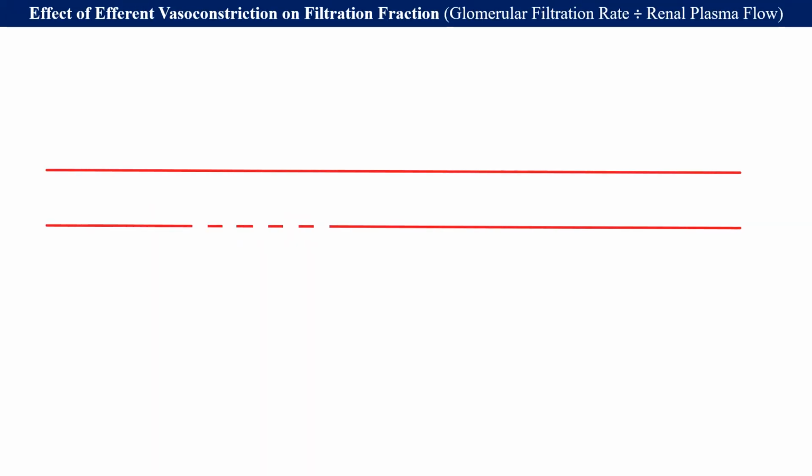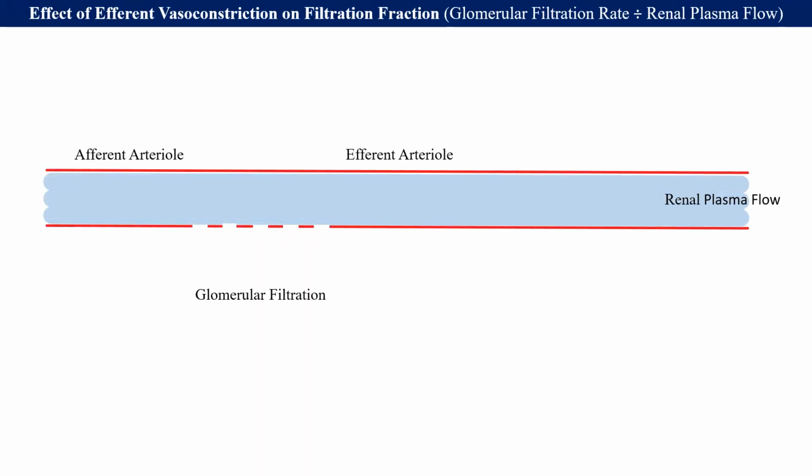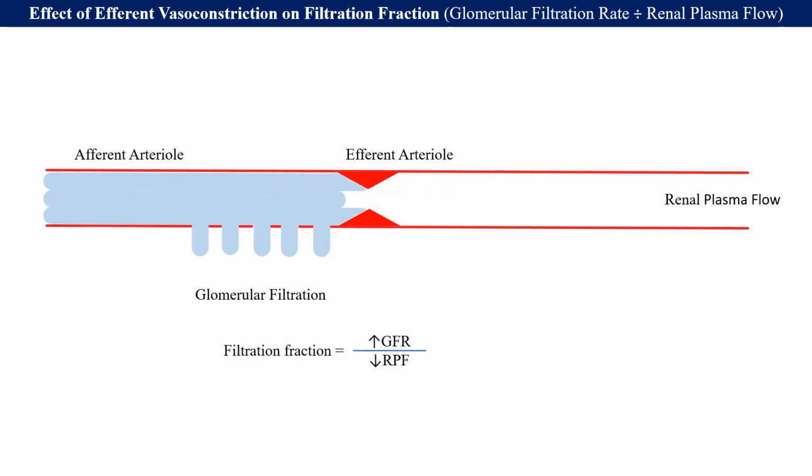What happens to the filtration fraction when there is efferent arteriolar vasoconstriction? Renal plasma flow will decrease, but glomerular filtration will increase. As the numerator GFR is increased and the denominator renal plasma flow is decreased, the filtration fraction will be increased.